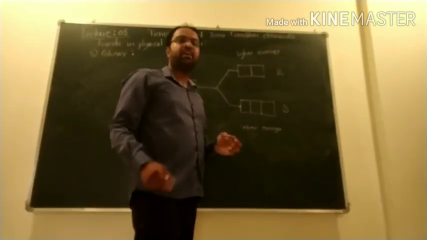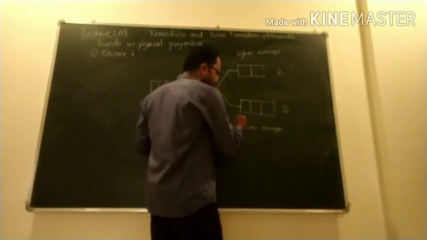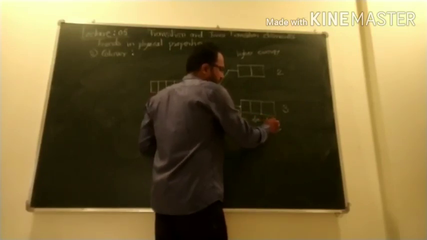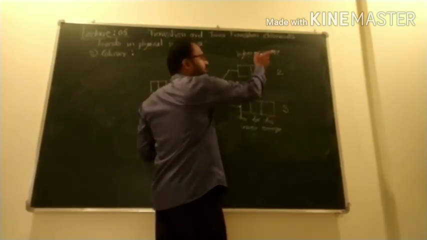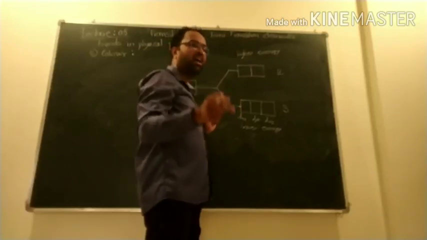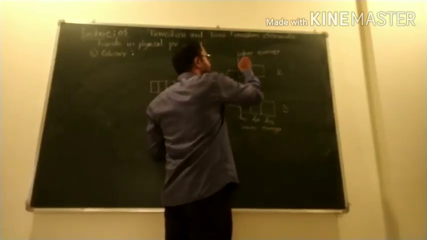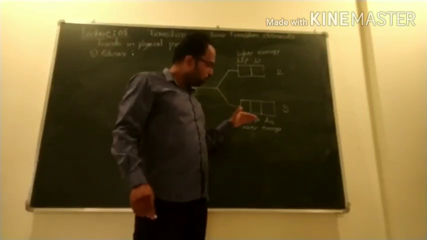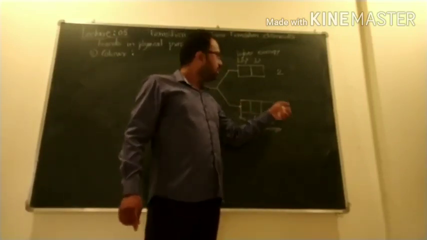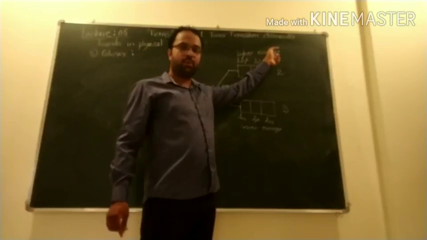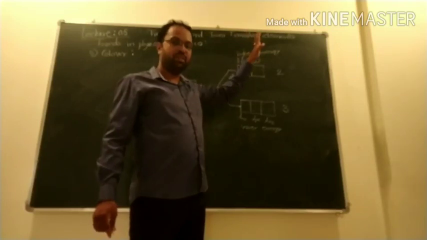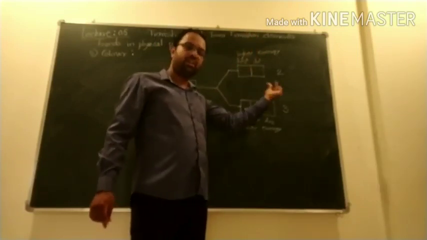The lower ones lie in between the axes, so they are dxy, dyz, dxz. The higher energy orbitals lie on the axis, so they are dx square minus y square and dz square. Electrons first fill the lower energy orbitals singly, then the higher energy level, and after that they get pairing from lower energy to higher energy. This property is seen in the next example.